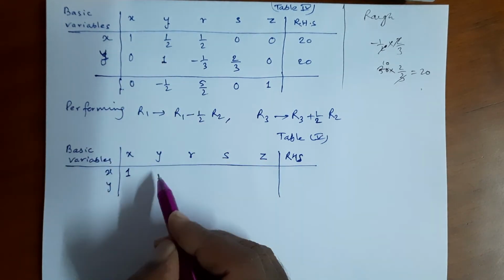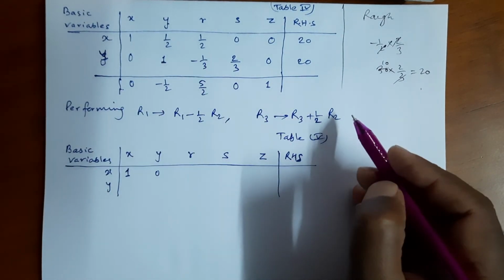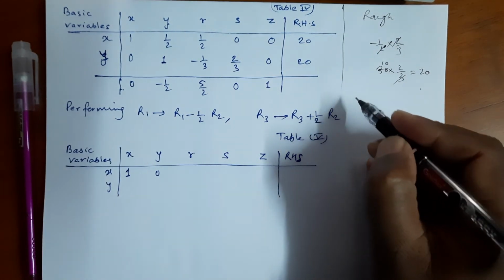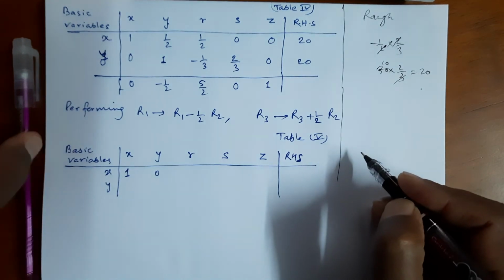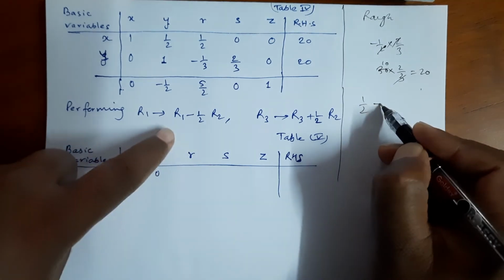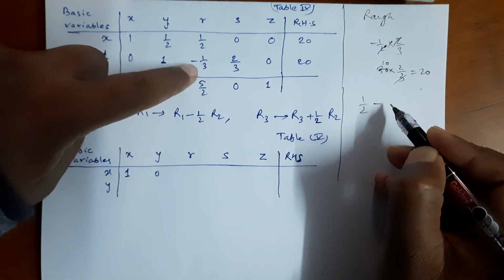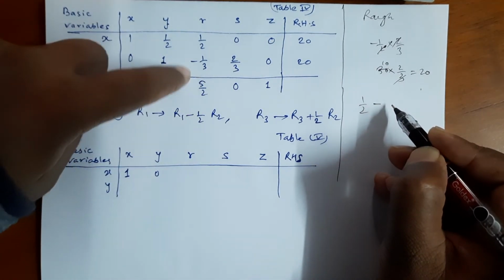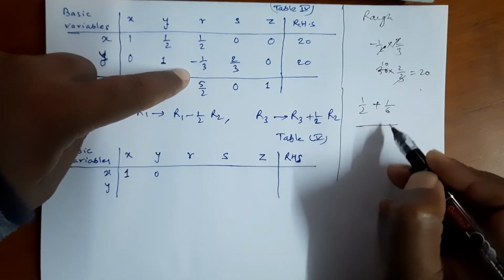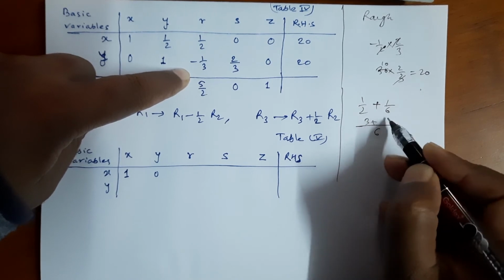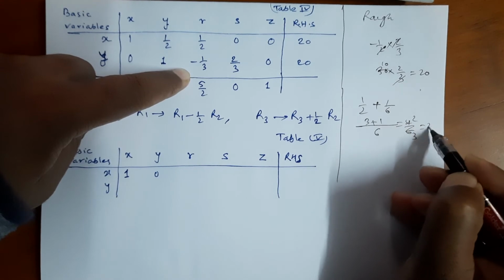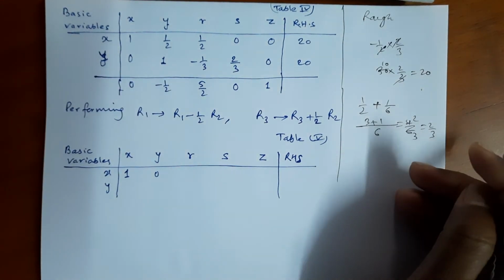Half minus half will be 0. And 1 over 2 minus half of this 1 over 3, minus times minus will be plus, 1 over 6, and the LCM of 2 and 6 is 6, 2 3 is 6, 3 plus 1 will be 4 over 6, 2 2 is 4, 2 3 is 6, that will be 2 over 3.